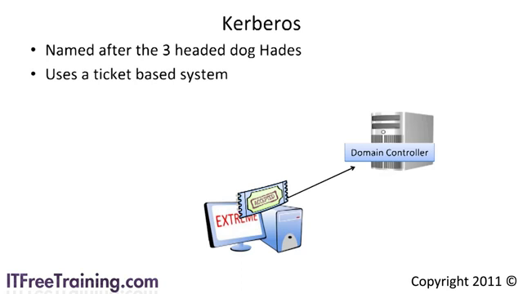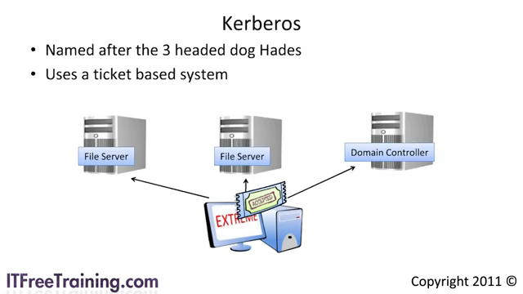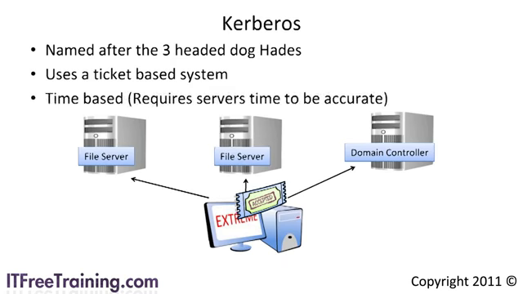Just like a regular ticket, a Kerberos ticket can easily be identified as a real ticket and is very hard to forge. Once a ticket is obtained, the client can use this ticket to gain access to other resources on the network without having to be authenticated again. This makes Kerberos very fast. Kerberos is time-based, and tickets do expire after a certain amount of time.